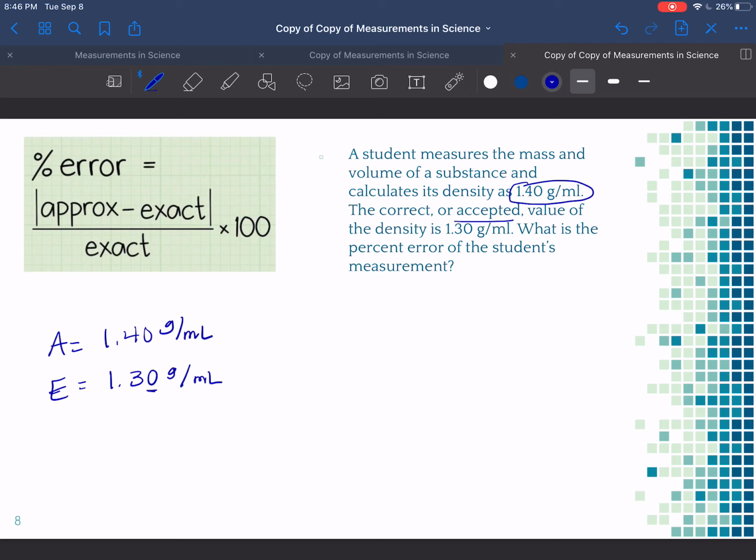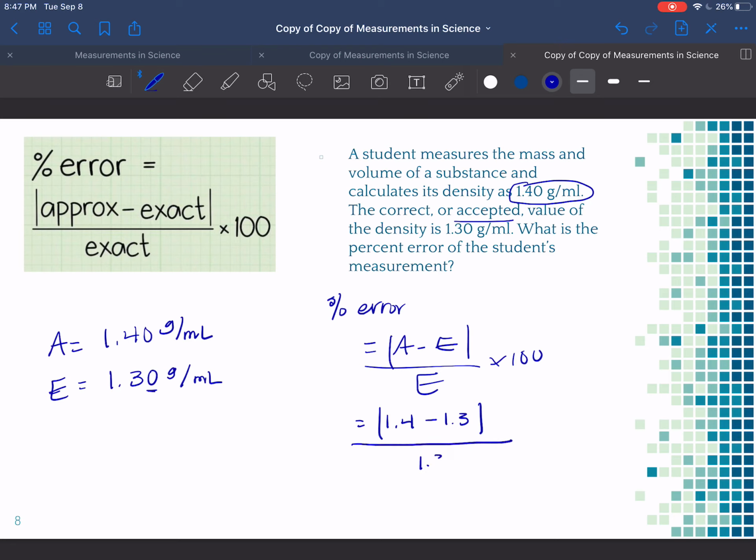So what is the student's percent error? Well, clearly we can see, since their measurement is more than the target, that we would have a positive value in this formula. So we have A minus E, absolute value, over E times 100, and we substitute things in. The measured value, what the student got, is 1.4 minus 1.3. We're going to take the absolute value of that.